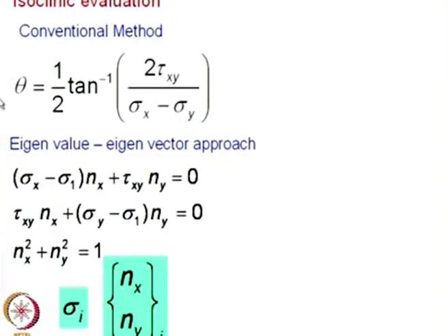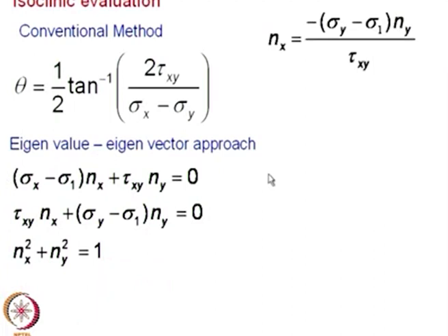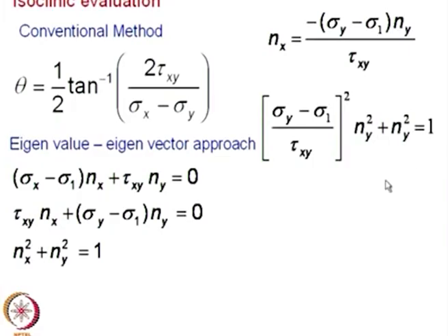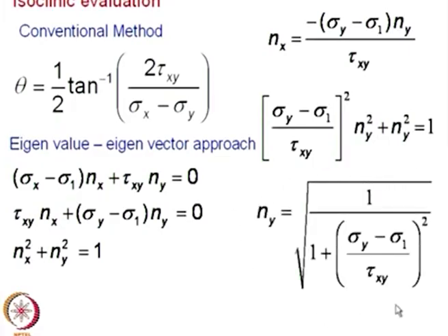Now, the question is, I get two values of theta from this. Suppose I take the first two least values, how will I associate theta to the sigma 1 direction and theta to the sigma 2 direction? That I can do if I reformulate the problem as an eigenvalue and eigenvector approach. So, when I do that, it is possible for me to find out nx and ny from simple arithmetic, and you need to know that this has to be posed as an eigenvalue eigenvector approach.